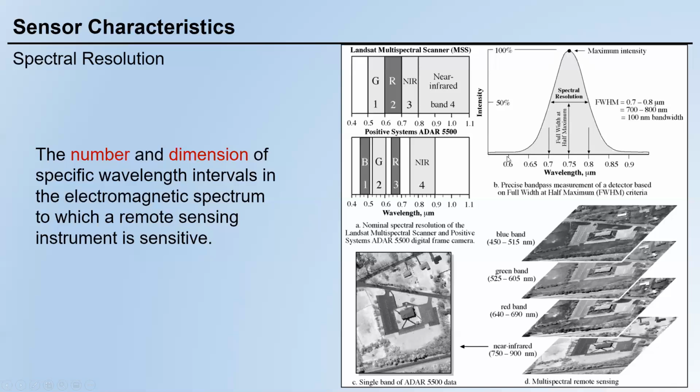The horizontal axis is for wavelength from 0.6 to 0.9. And we can see that the intensity or the ability of receiving energy of this band changes as the wavelength increases.